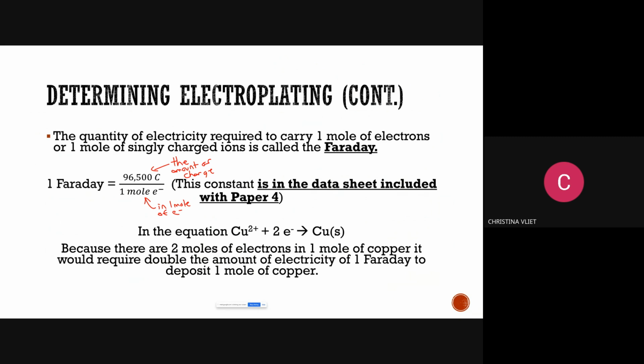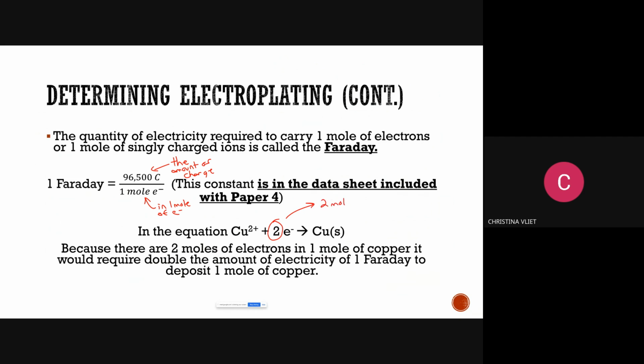If I had 2 moles of electrons, how many Faradays would I have? If I have 2 moles of electrons, I have 2 Faradays. And then how much charge would that be? It would just be double, right?